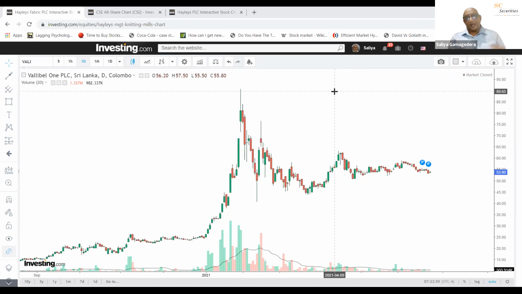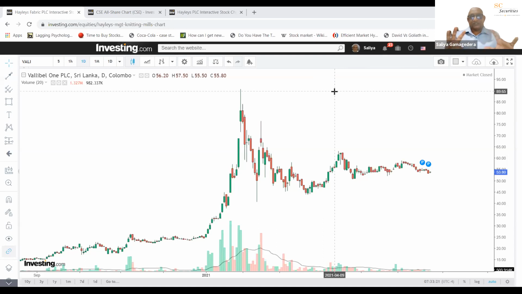Conversely, in a downtrend, you will see the starting point as the high and the ending point as the low. Another factor we have to understand is that every wave will vary in size, in range, and at the same time in time frames as well.